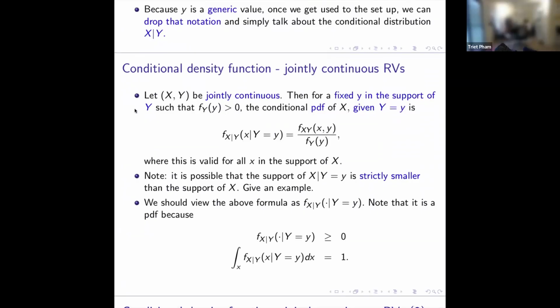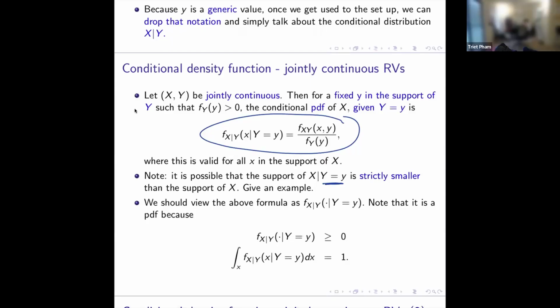Even though this formula is very natural, and you will see it anywhere, it hides a very important thing: this is the conditional density of x given y equals little y.